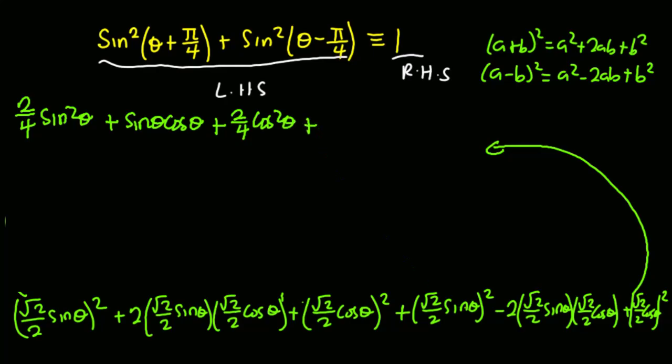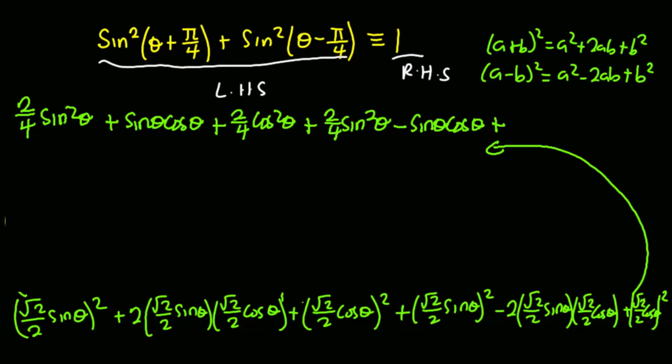Plus root 2 on 2, the root 2 on 2 all squared gives us another 2 on 4 sine squared theta, minus, now we have root 2 times another root 2 times 2, which gives us 1. 1 times sine theta cos theta gives us negative sine theta cos theta, plus we have root 2 on 2 cos theta all squared.